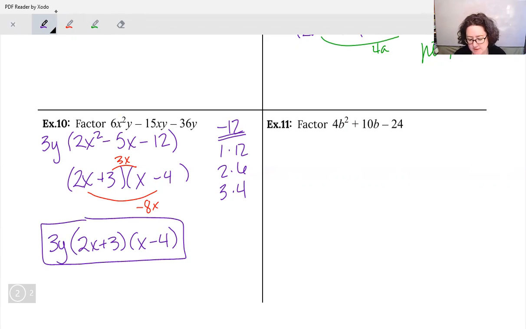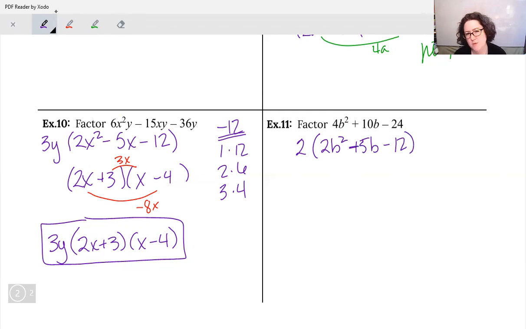Alrighty, so example 11 also has a GCF. Everything's an even number. So let's factor out a 2. That's our biggest number we can take out. Leaves us with a 2b squared plus 5b minus 12. Wait a second. That looks really, really close to what we had in example 10, doesn't it?